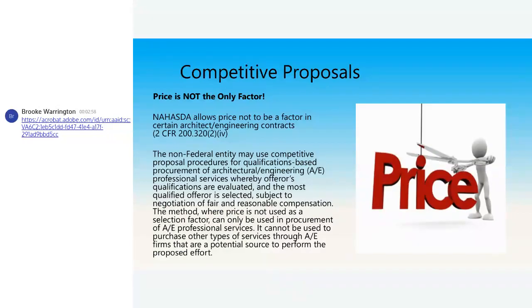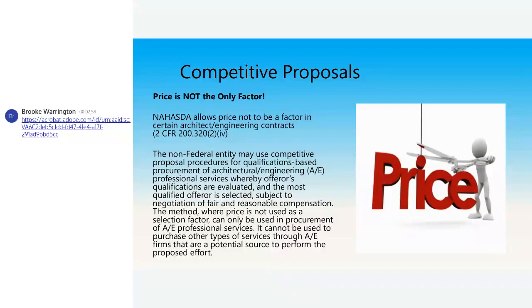NAHASDA allows price not to be a factor in certain architect and engineering contracts also, which you can read about in 2 CFR 200.320(b)(2). Your non-federal entity can use competitive proposal procedures, qualifications-based procurement on architectural and engineering professional services, whereby the offerer's qualifications are evaluated and the most qualified offerer is selected, subject to negotiation of fair and reasonable compensation.